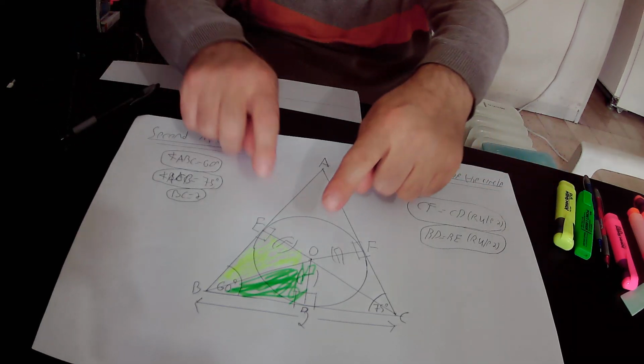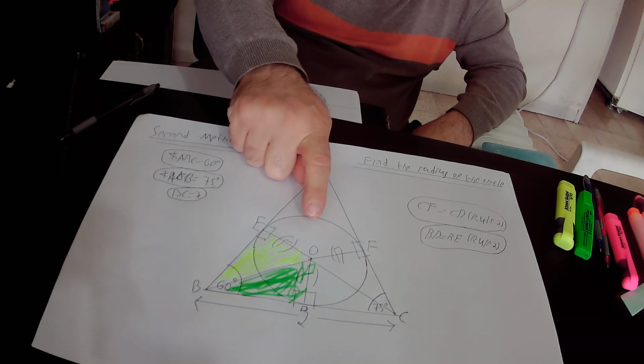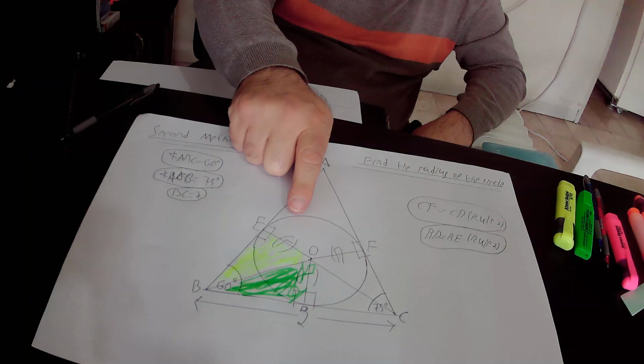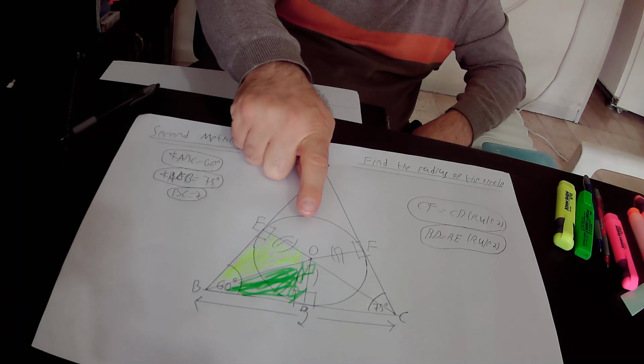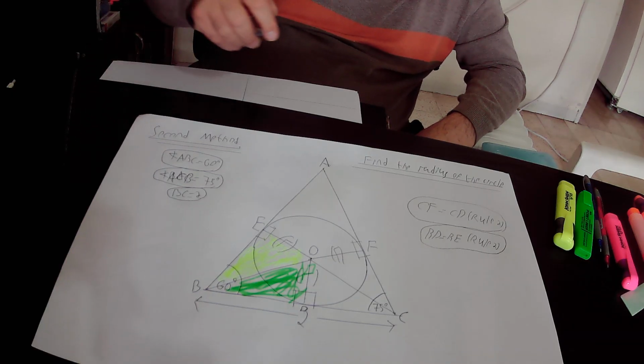Why can those two triangles coincide? First of all, side OE of the yellow triangle equals side OD of the green triangle. They are both radii of the circle, therefore they are equal to each other.